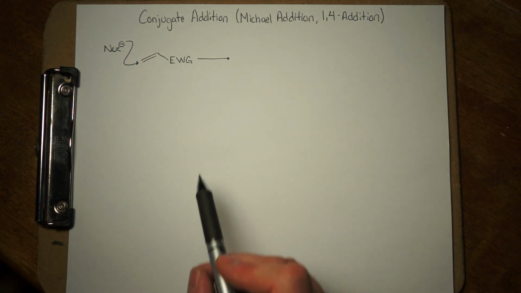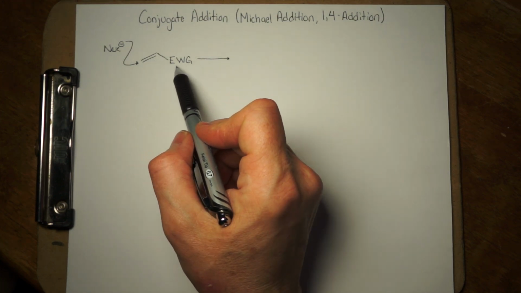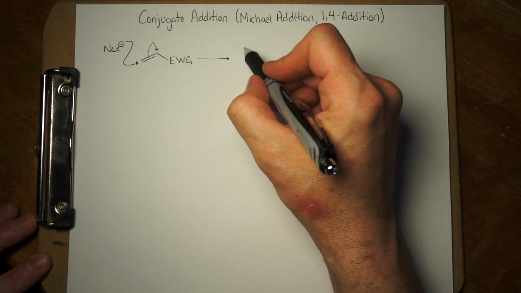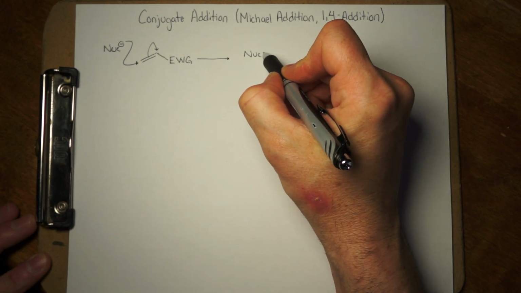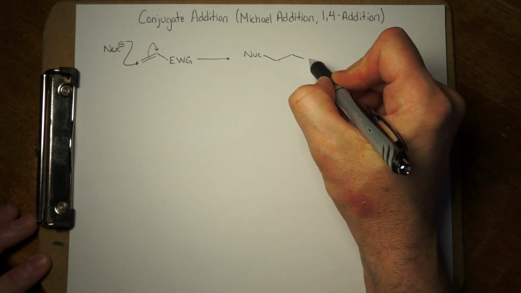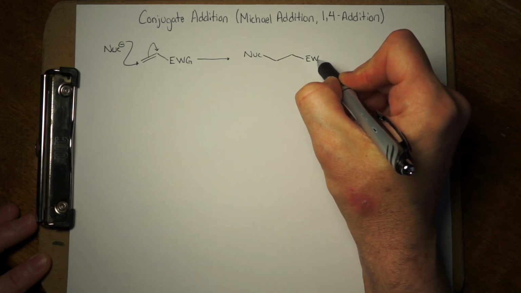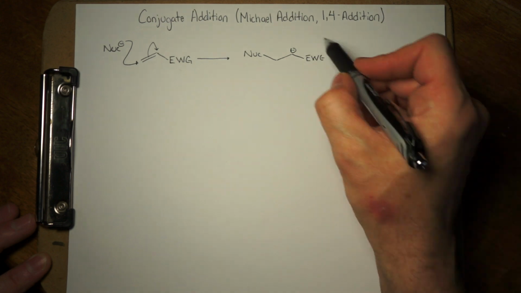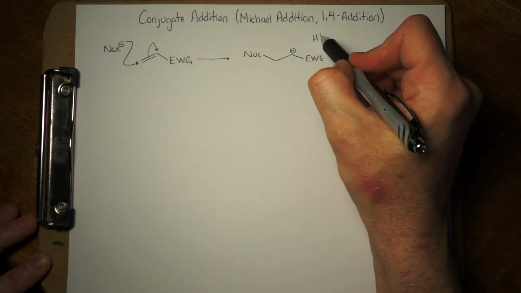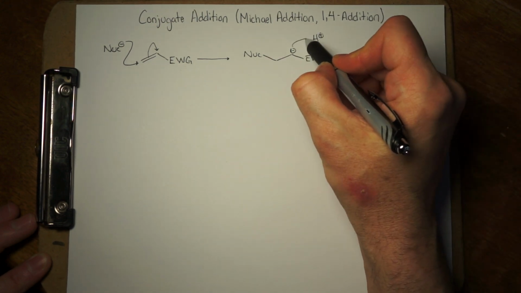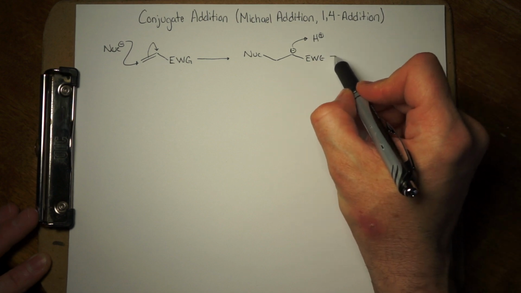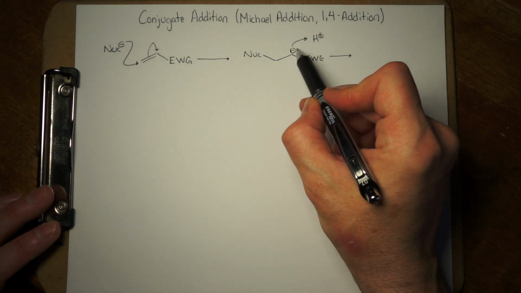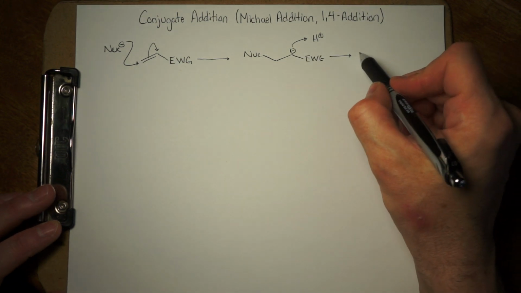And when I say activated alkene, that means that we have an alkene in conjugation with an electron withdrawing group, forming an anionic intermediate, which is then quenched. In this case, we'll say by a protic quench. There are different ways to quench these reactions, but right now, just for simplicity, we'll look at just adding a proton to that anion.